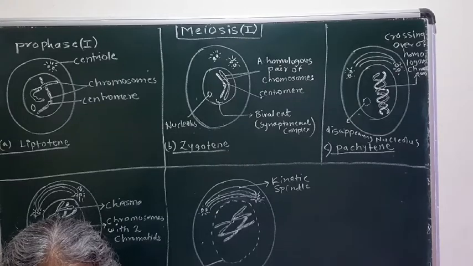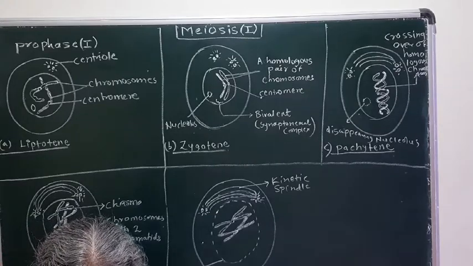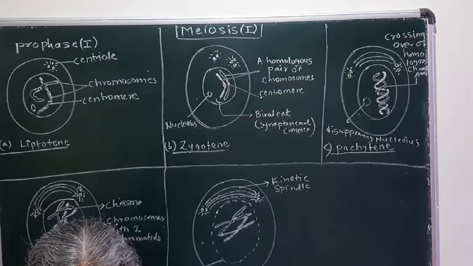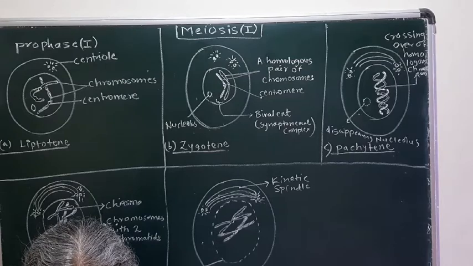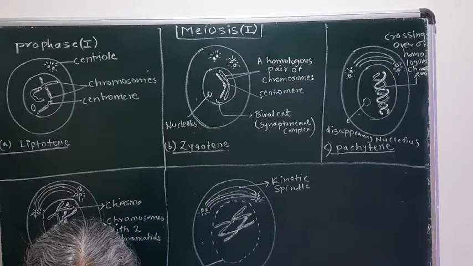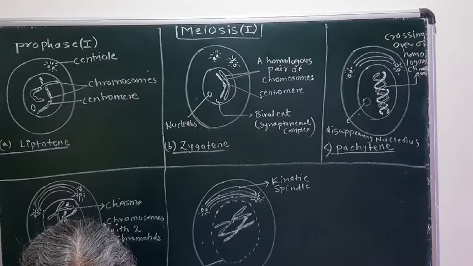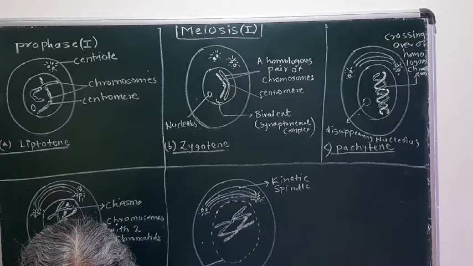Now I will come to the exercise: fill in the blanks and explain the statement. After complete oxidation of glucose, molecules of ___ and ___ number of ATP molecules are formed. How many ATP molecules are formed? 38. At the end of glycolysis, ___ molecules are obtained. What is formed at the end of glycolysis?